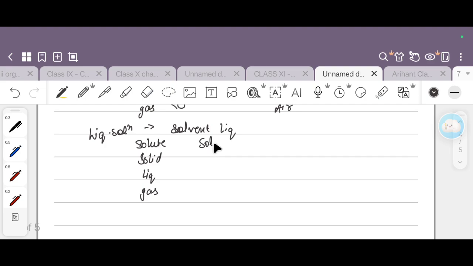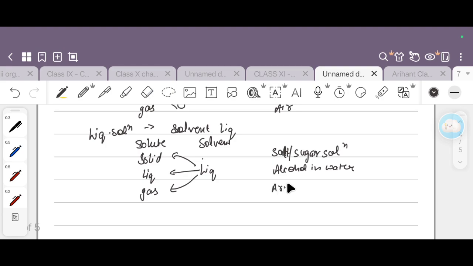Examples: salt or sugar solution. Then liquid in liquid, alcohol in water, and gas in liquid like aerated drinks or oxygen in water.